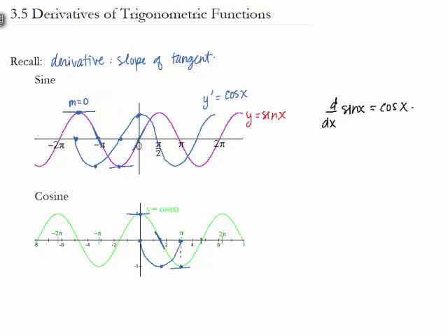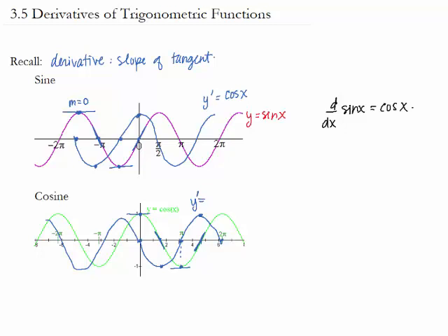At 3 pi over 2, the derivative appears to be positive 1. At 2 pi, the derivative, the slope of the tangent line, is 0. So we can connect these slopes of tangent lines and extrapolate to find a curve, and then we would like to know what is the derivative of cosine.